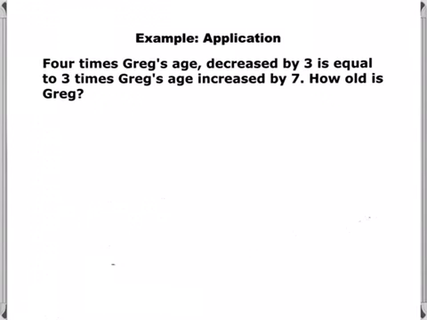All right, a word problem. 4 times Greg's age decreased by 3 is equal to 3 times Greg's age increased by 7. How old is Greg? So let's just look at the first part of this. 4 times Greg's age decreased by 3. Well, let's let x be Greg's age.